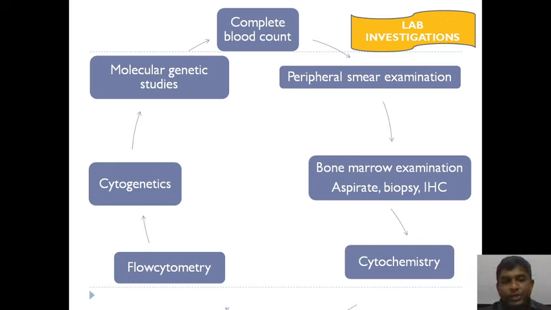So in a given patient, we do almost all or most of the investigations to diagnose acute leukemia, to subtype an acute leukemia, and many times we use these studies for prognostication or risk stratification of these cases. Nowadays we use a few of these tests to assess the response to treatment as well.